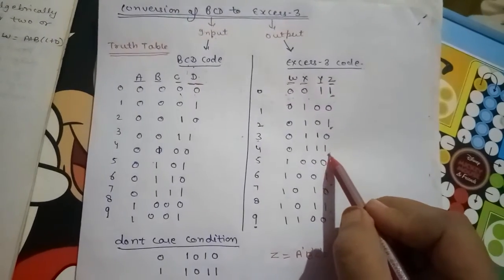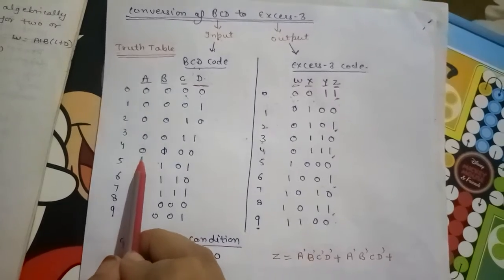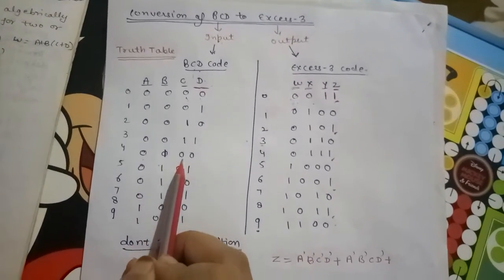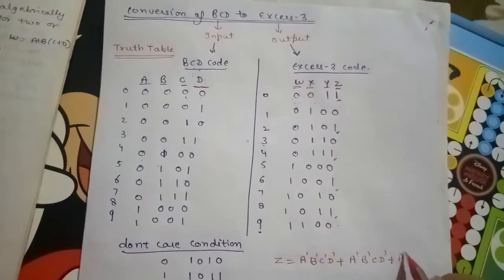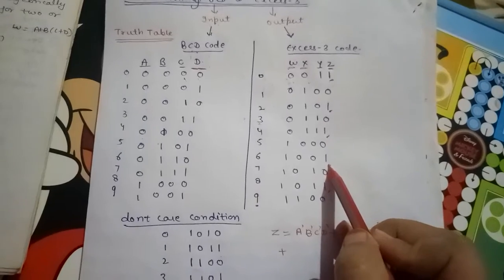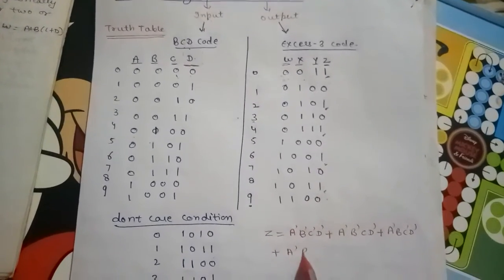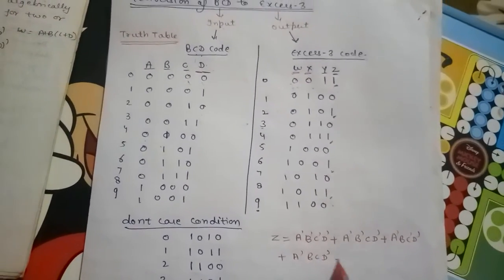The next one is at this position, it is 1, so the input lines are A dash, B, C dash and D dash, right? The next value is 1 at this position, so the value is A dash, B, C and D dash.